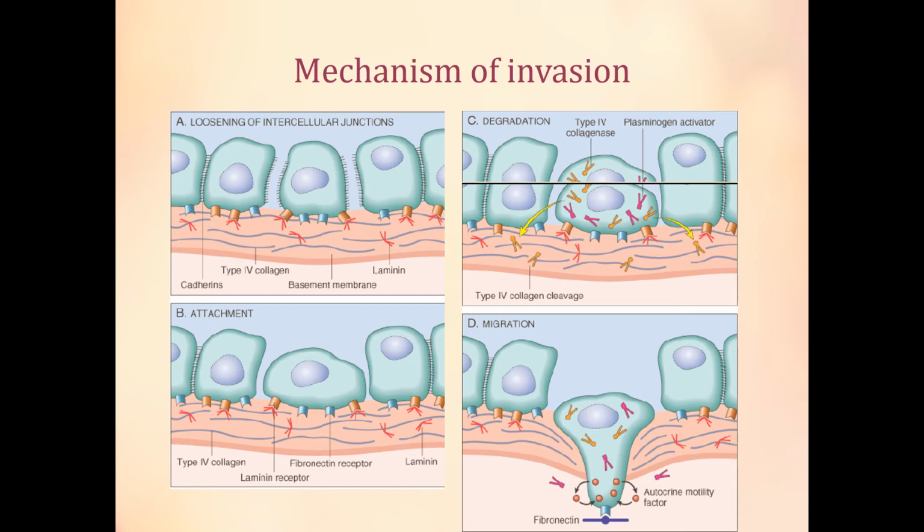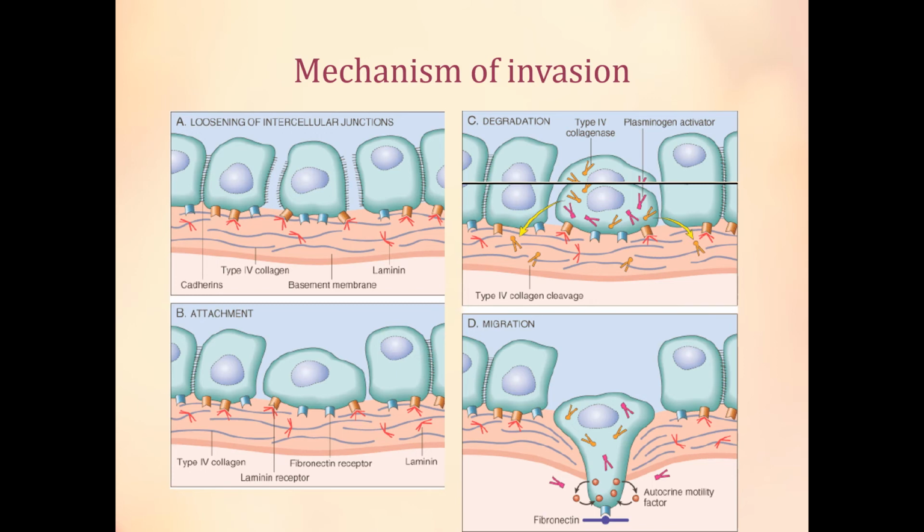In the third stage of the invasion, tumor cells combine with laminin or fibronectin, which are components of the degraded extracellular matrix. This is due to the fact that there are laminin and fibronectin receptors on the entire surface of tumor cells. Normally, such receptors are located only on the basal surface of the cells.